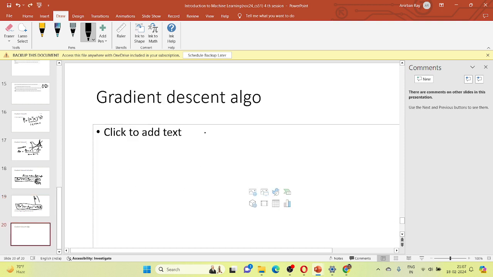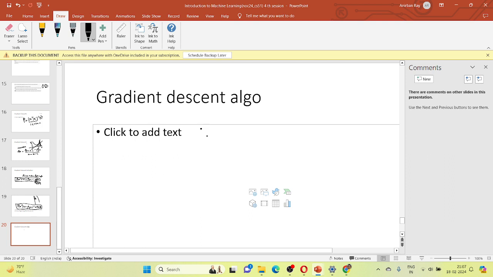But in our case, in our linear regression case, or logistic regression, it is used everywhere actually: linear regression, logistic regression, neural networks, SVMs, everywhere.